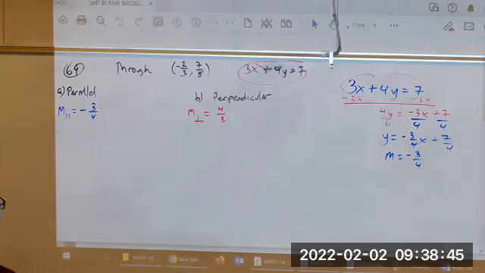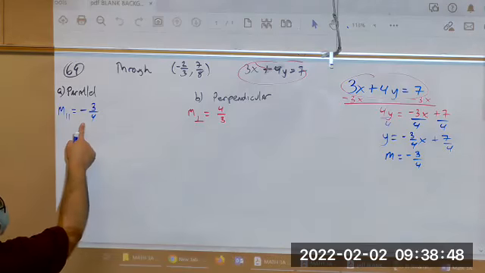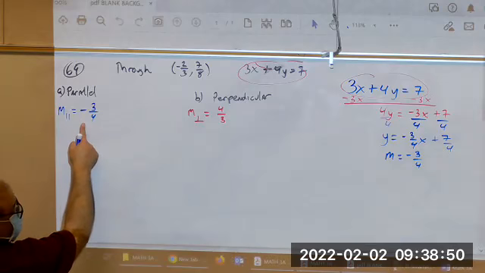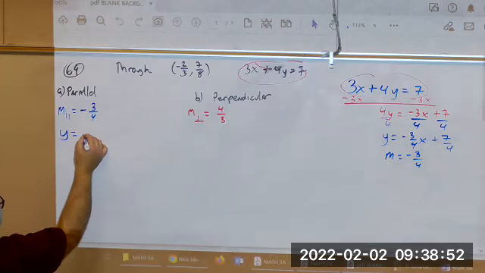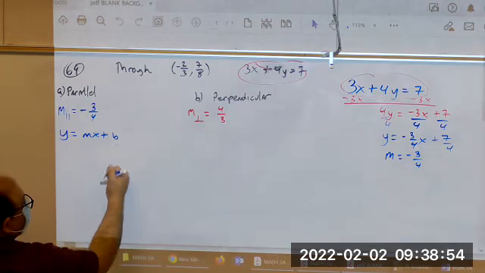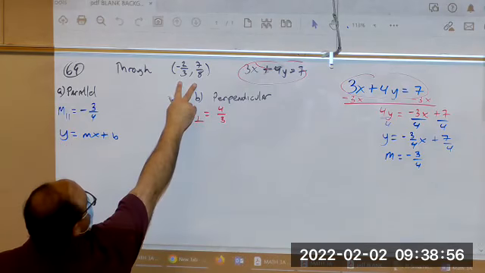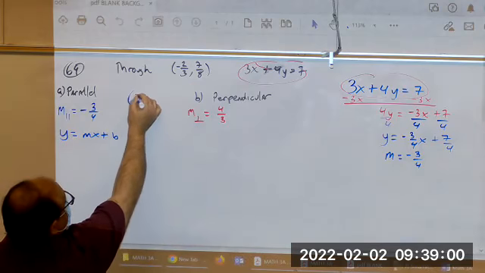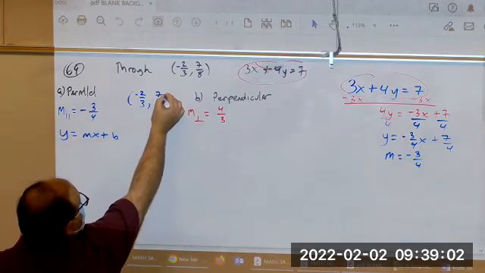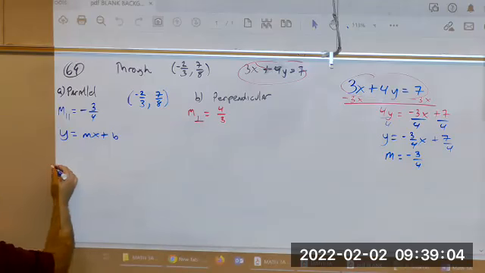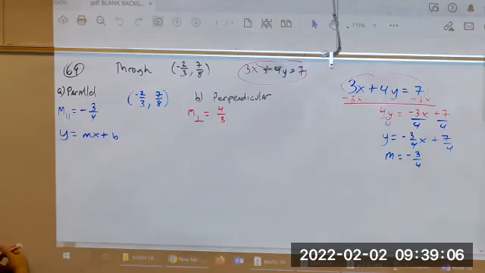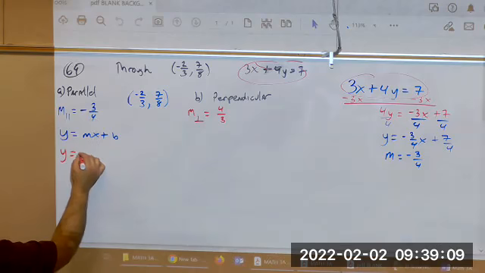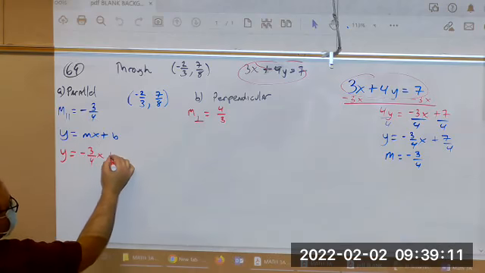that slope, not a special case. So now we're going to do y equals mx plus b. Remember, this is the only ordered pair we can choose from. We have to use negative 2/3, positive 7/8. So that means we plug in the slope, negative 3 over 4, x plus b.